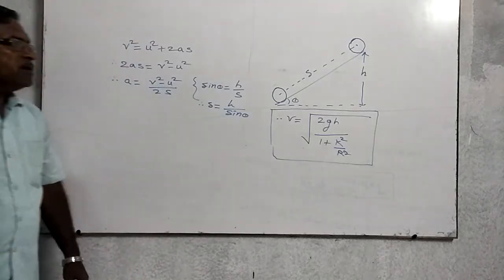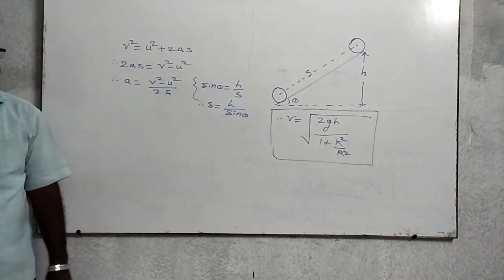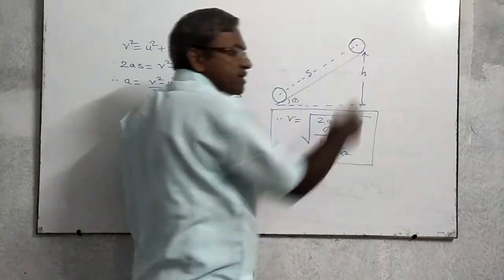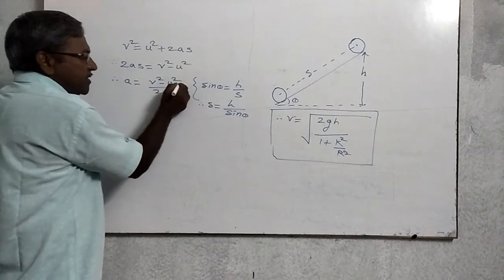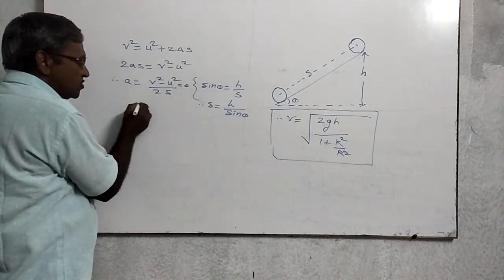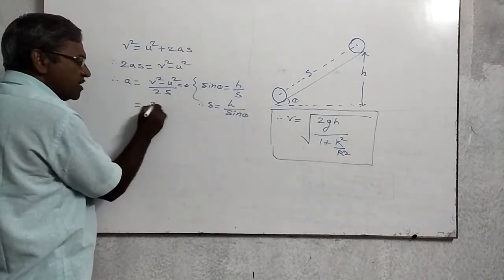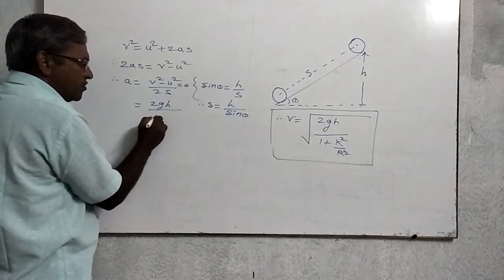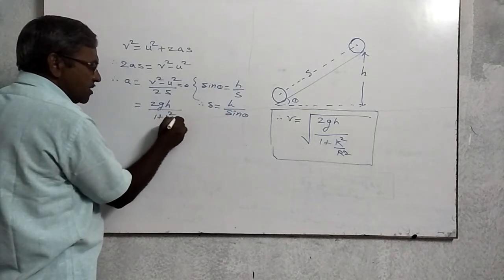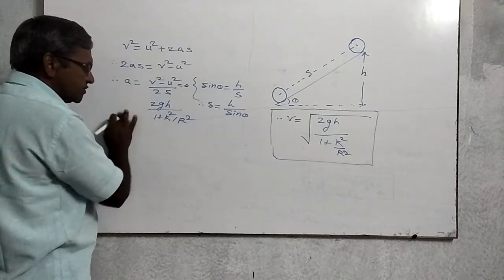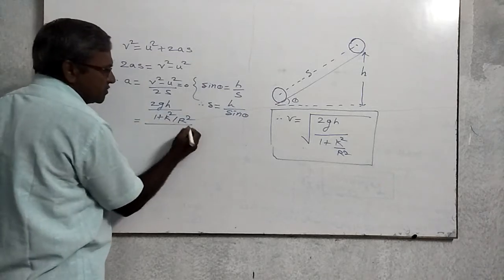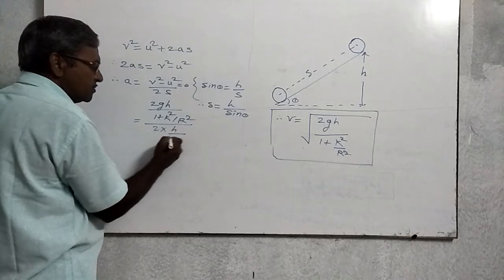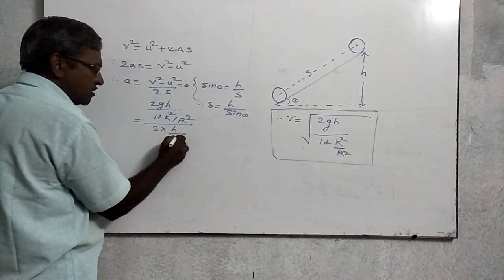Now using the values for v square: initially, when the body is at the top position, u is 0. So substituting the value for v square, that is twice gh whole divided by 1 plus k square upon r square, divided by 2 into h upon sin theta.